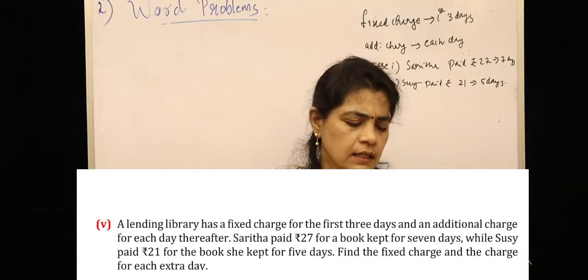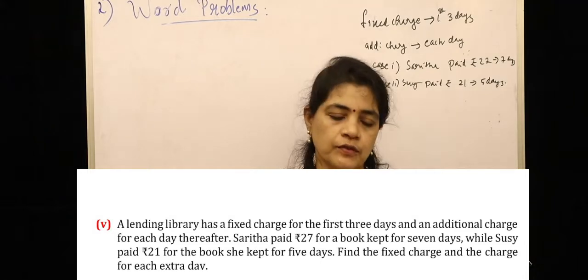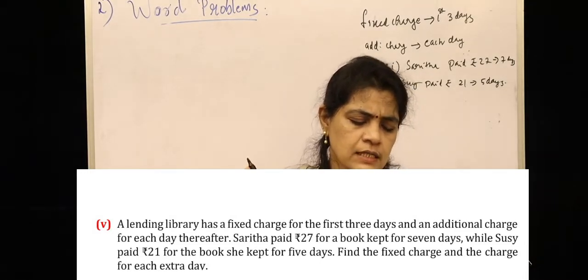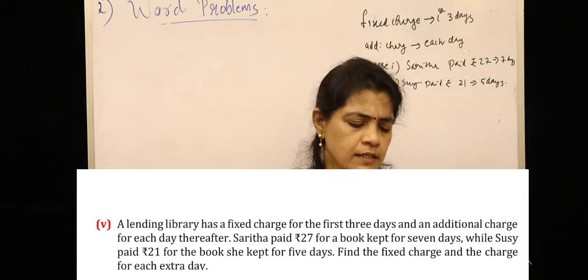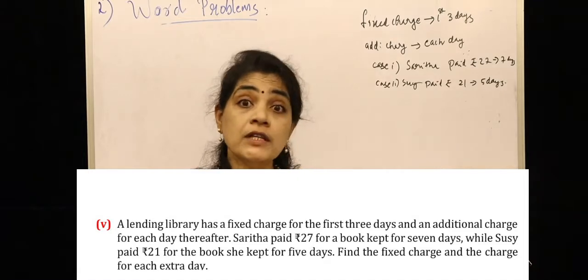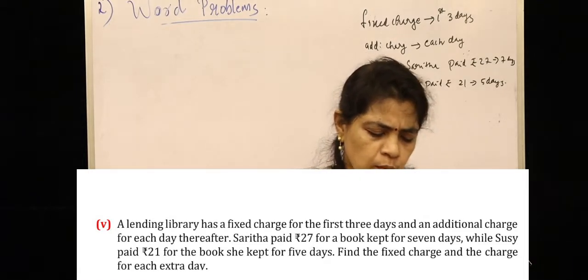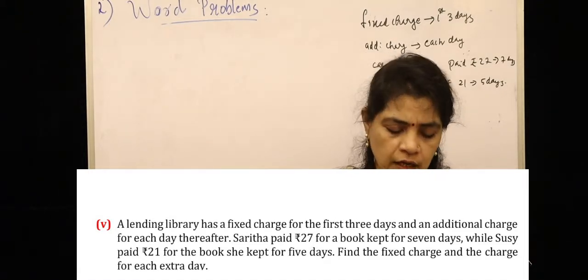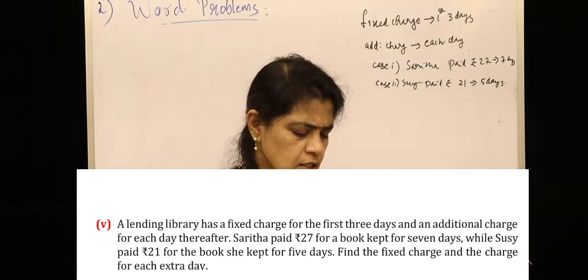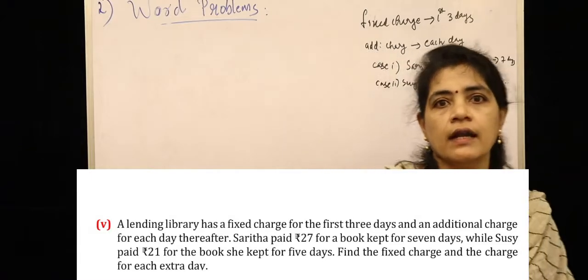Sarida paid rupees 27 for a book kept for 7 days, while Susie paid rupees 21 for the book she kept for 5 days. Find the fixed charge and charge for each extra day.